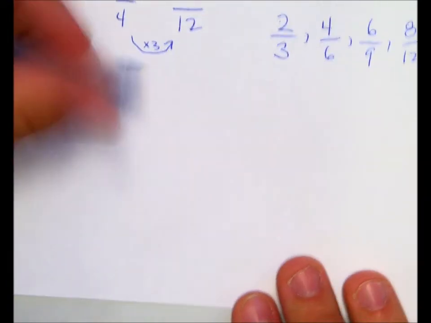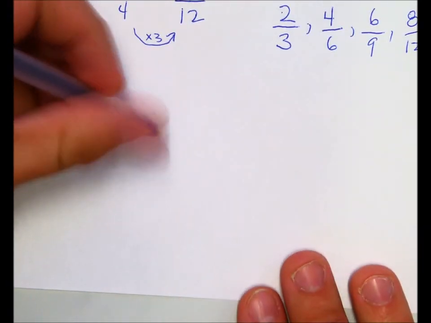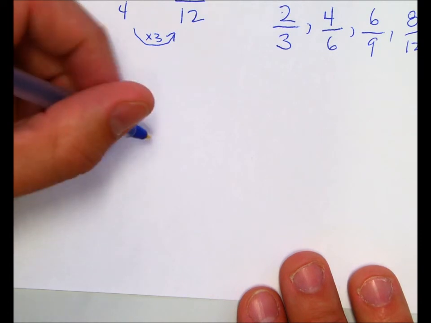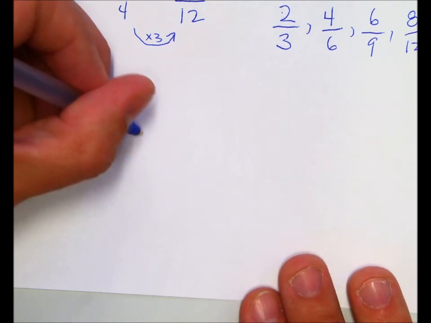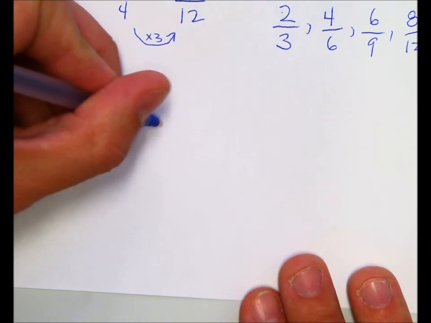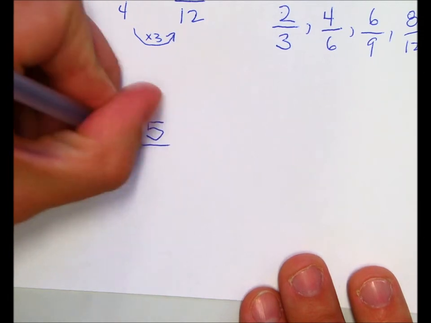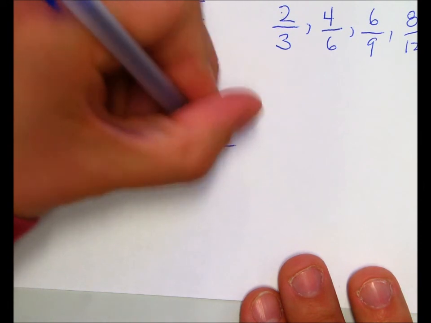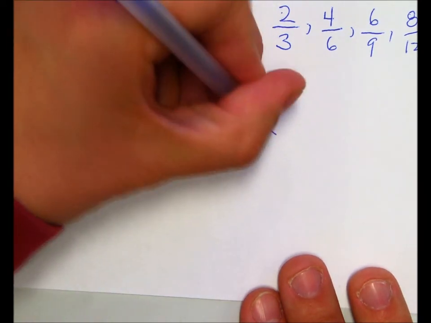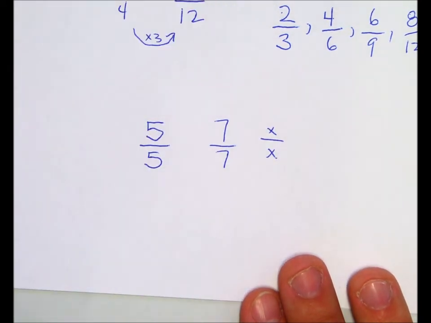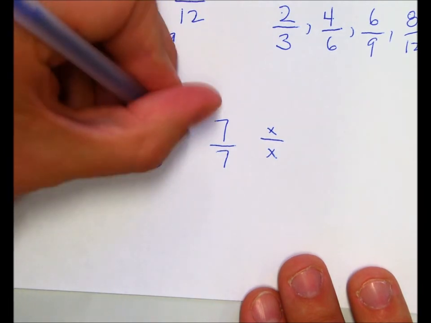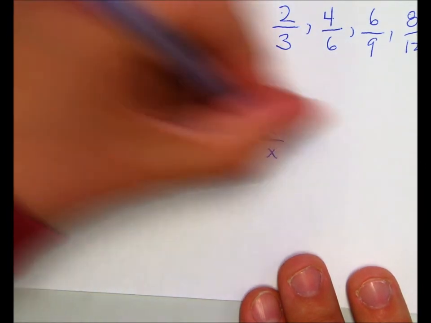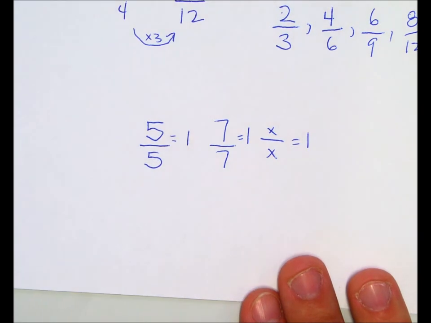Again, the reason why we can get an equivalent fraction when we multiply the numerator and the denominator by the same amount is because when I write, for example, 5 over 5 or 7 over 7 or any number over any number, that's always going to equal 1. It's always going to equal 1 because any number divided by itself is 1.